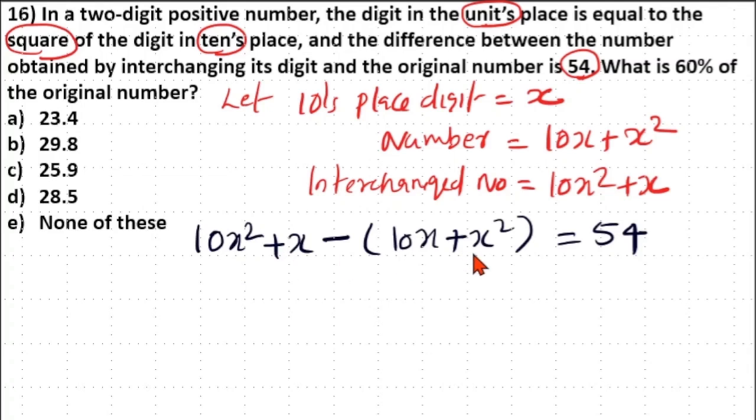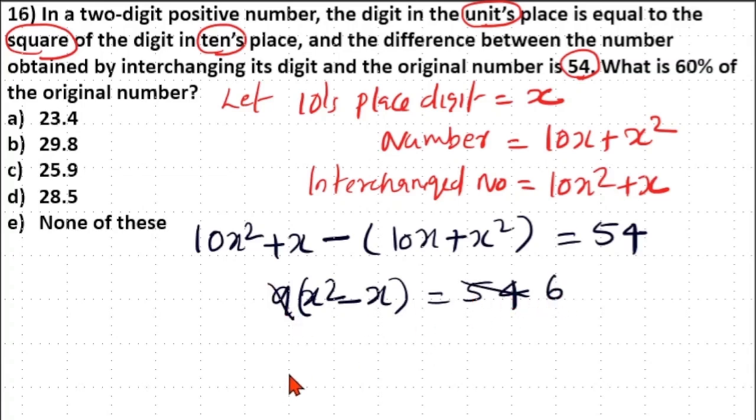10x square minus x square is 9x square. x minus 10x is minus 9x. So I will take 9 outside. That will be 9 times x square minus x equal to 54. Now 9 goes 6 times in 54. That is x square minus x minus 6 equal to 0.